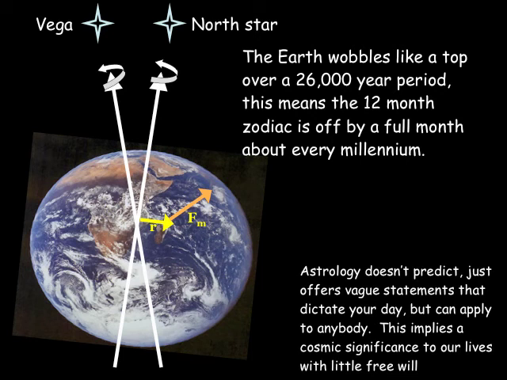So whatever sign you were born under, such as Cancer, or Taurus, or Pisces, you are actually one sign off, since most of astrology was written down and is still being used from over 2,000 years ago during the height of Rome. And since then, the Earth has shifted 1/12 of its way around in its 26,000 year precession period.